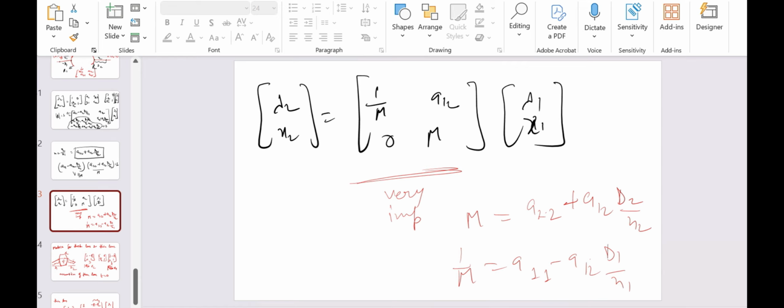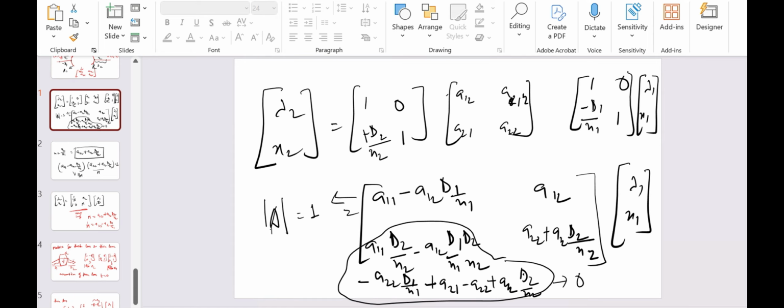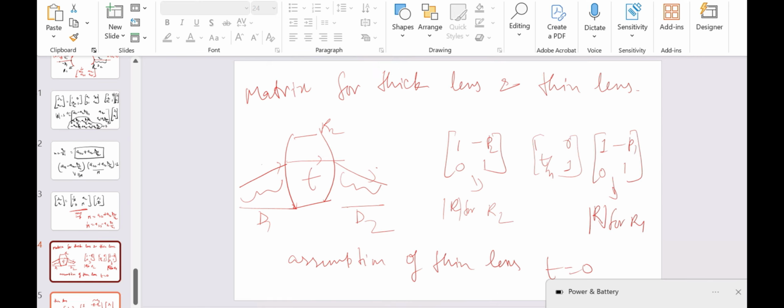Now our goal is only to know what is A11, what is A12, what is A22, and what is A21. We don't need A21 because A21 is not that important in any equation. A21 only appears in this element, but this element is anyway set to 0.